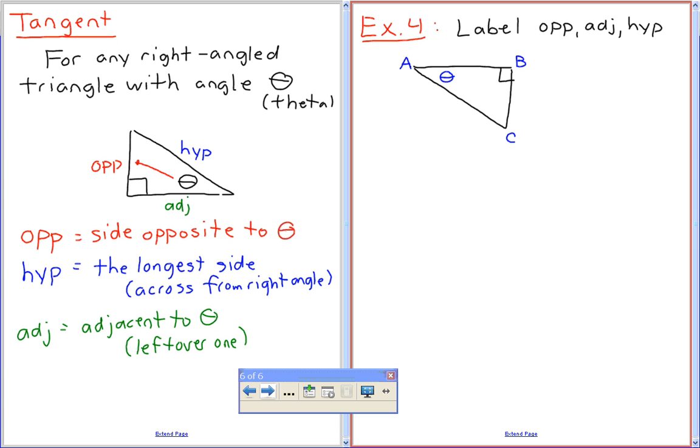I would like three volunteers to tell me what is the opposite side, what is the adjacent, what is the hypotenuse. Three volunteers, please.